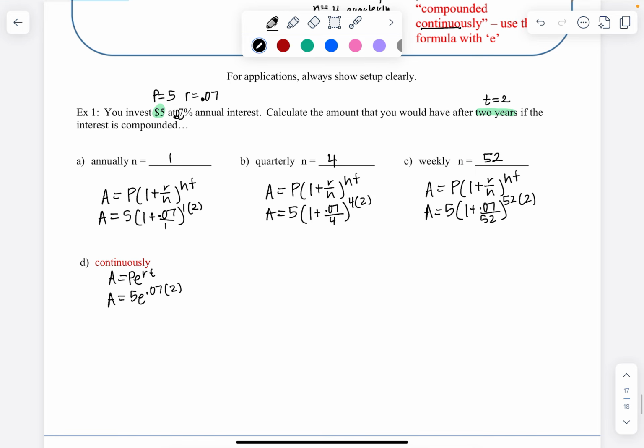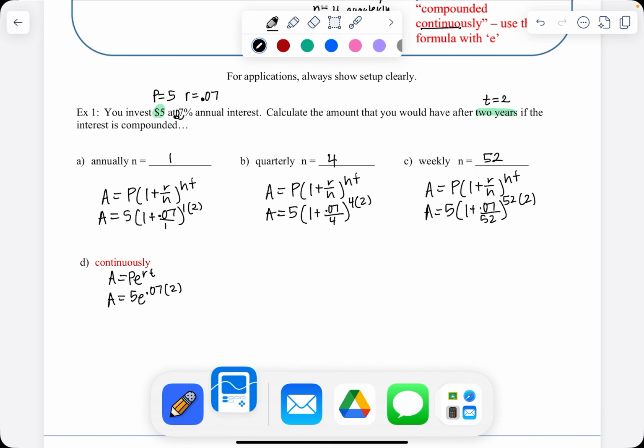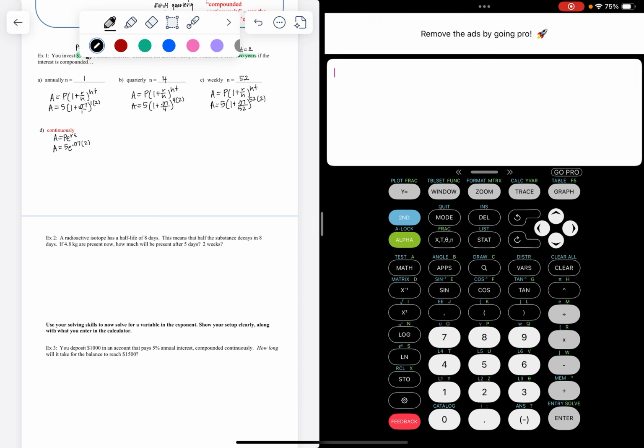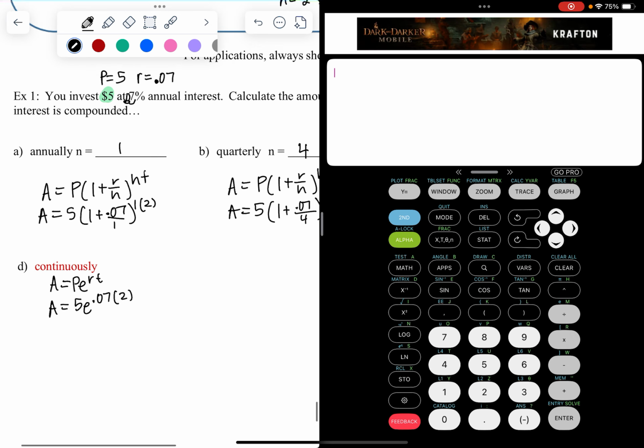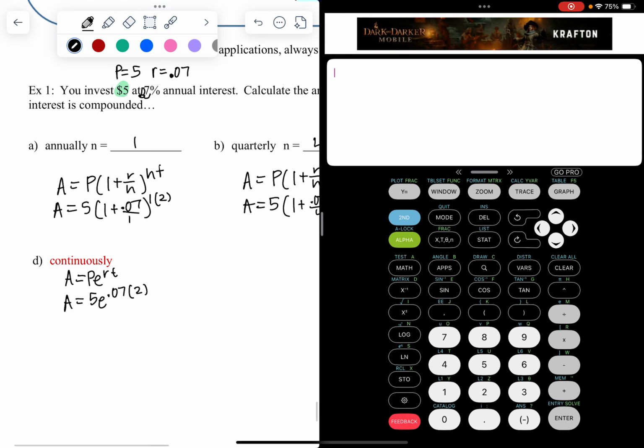Okay, and so in your calculator, this calculator app looks a little bit different than yours, but the buttons are pretty much the same. And so to calculate A, we're going to type 5 parentheses 1 plus, and to get that fraction, you can do alpha y equals enter.